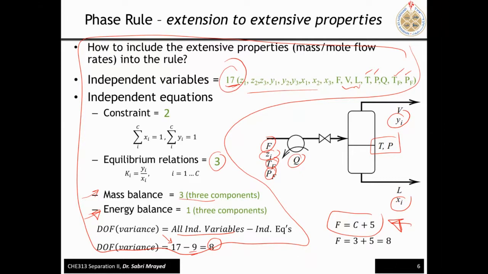The number of equations could be generated based on the mass balance, equilibrium relationship, and all others. The way that I just explained here is a little bit lengthy, but will be very accurate.